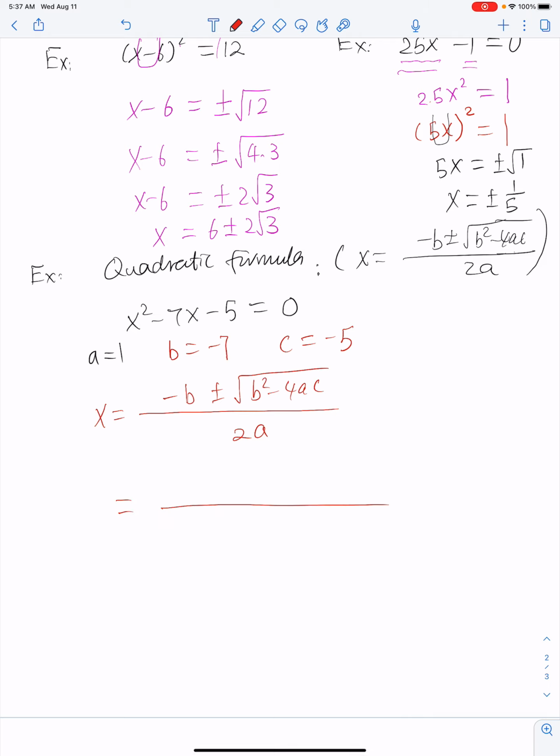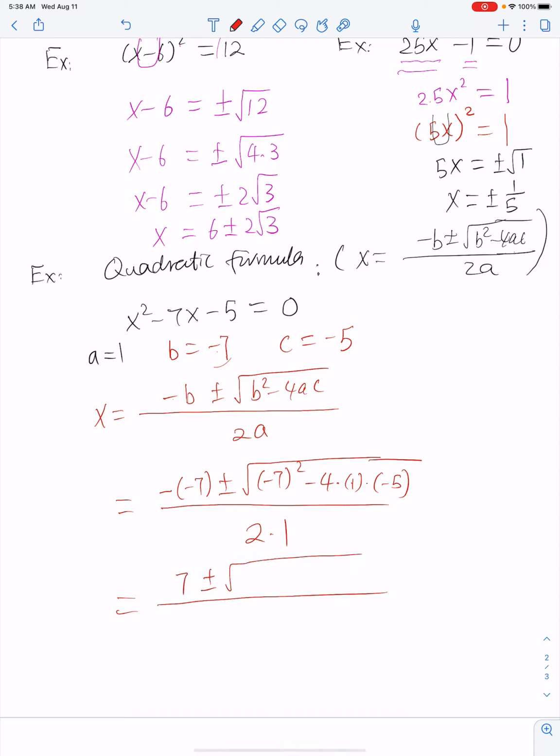Then substitute, and be careful. b is negative 7, so negative b becomes positive 7, plus or minus the square root of negative 7 squared minus 4 times 1 times negative 5, over 2 times 1.